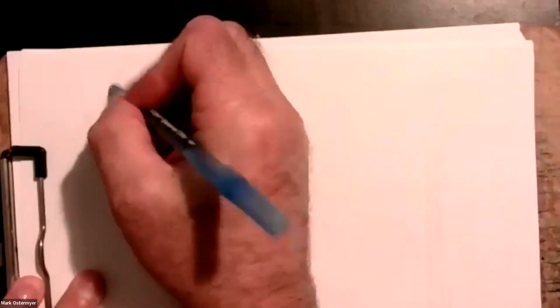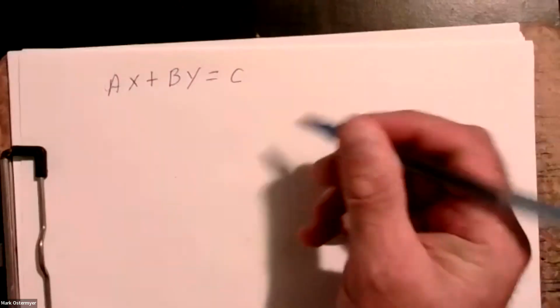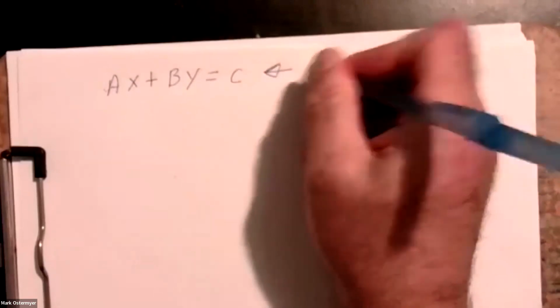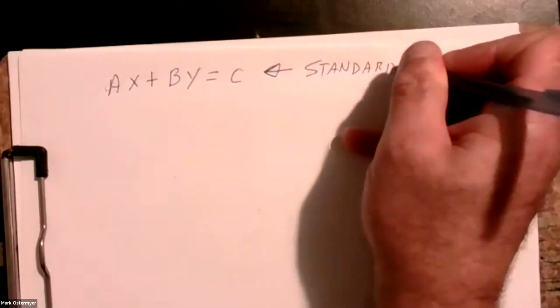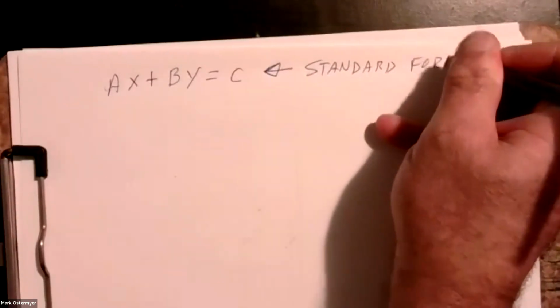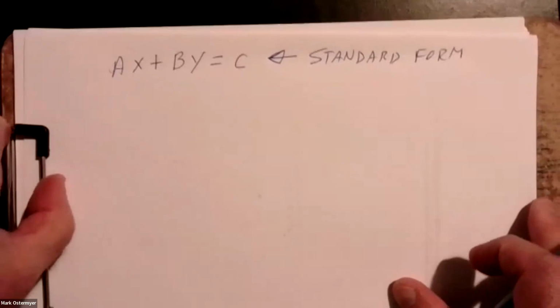So when we have a linear equation, anytime your equation is written in this form here, ax plus by equals c, where a, b, and c are real numbers, we call this standard form for a linear equation. Any linear equation that's in this form is said to be in standard form. Okay, standard form.